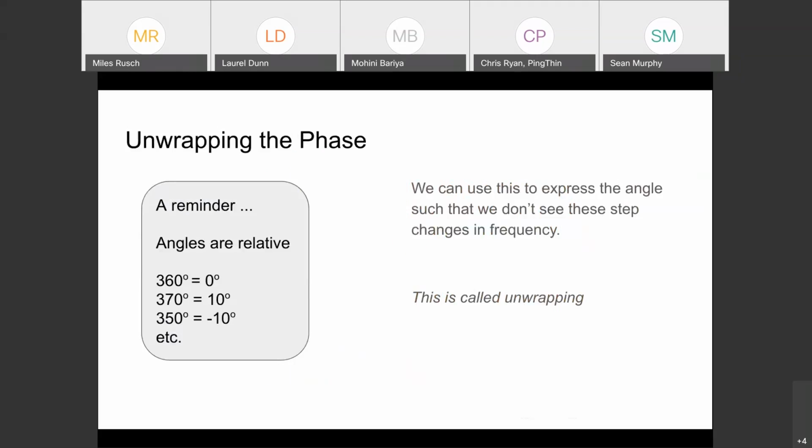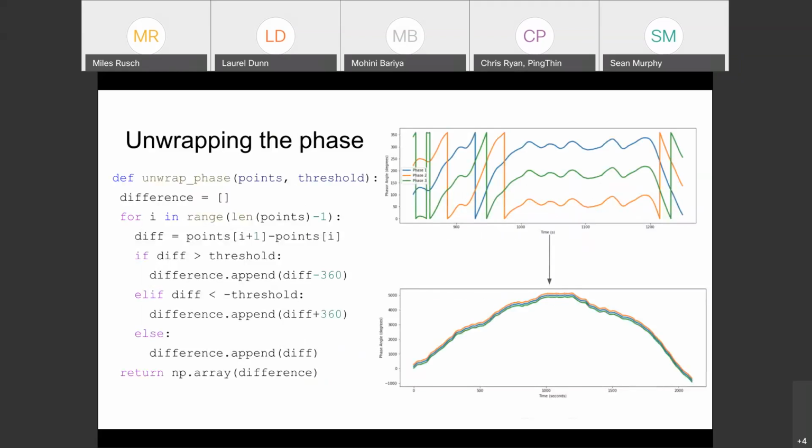And so when we see a zero crossing of the phase, we can add or subtract 360 degrees and still have the same angle, but remove the discontinuity that's present in the data. And so we can do this with a relatively simple function.